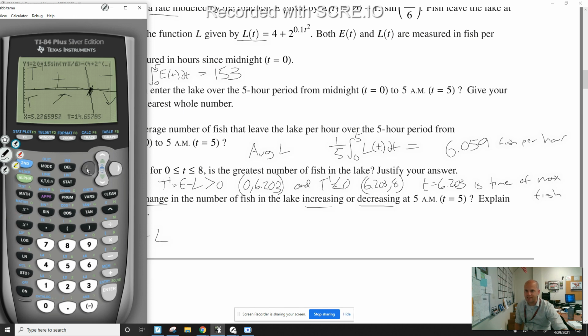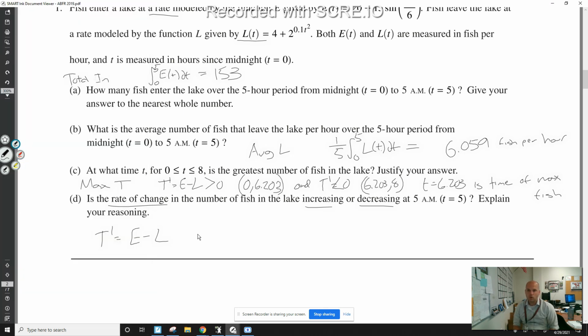Okay, now you can see that, but this is not proper calculus justification. Proper calculus justification is to look at a slope, a sign of a derivative. Second calc, find your derivative of E minus L at 5, and you say, okay, the derivative, E prime minus L prime, is negative.